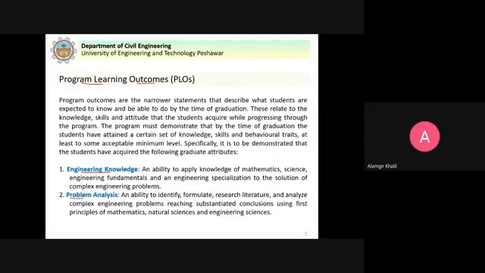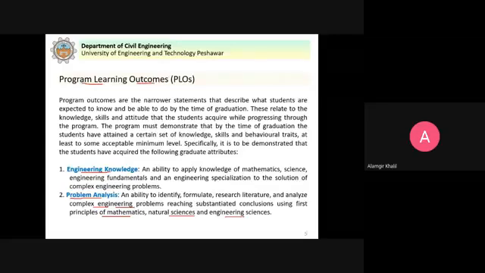And PLO2 is problem analysis: an ability to identify, formulate, research literature, and analyze complex engineering problems, reaching substantiated conclusions using first principles of mathematics, natural sciences, and engineering sciences.